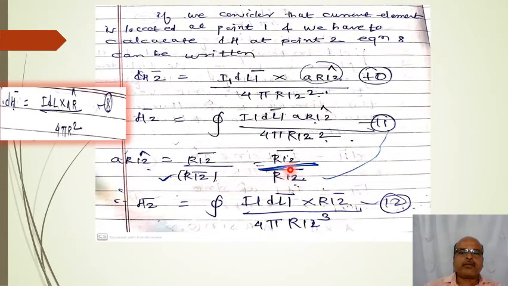If we fill in these values in our equation, we get H̄₂ = ∮ I₁ dl̄₁ × R̄12 / (4πR12³), since R12 times R12² is R12³. So we get this value.